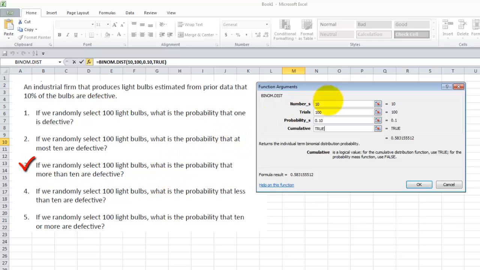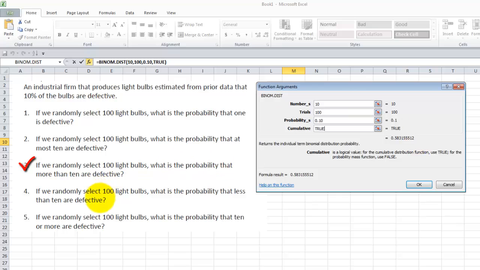So we can use the complementary probability rule to say that if we want to calculate probability that x is greater than 10, which is what it means, more than 10, that will be 1 minus probability of x less or equal to 10. In other words, to find that answer, we will subtract from 1 the probability cumulated up to 10, which we just computed to be 0.583. So here the answer will be 1 minus 0.583.